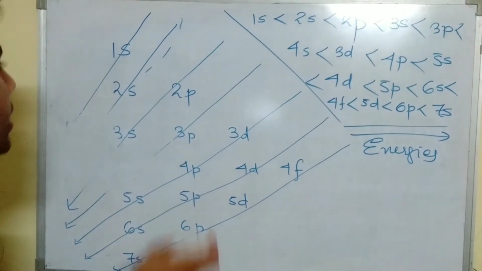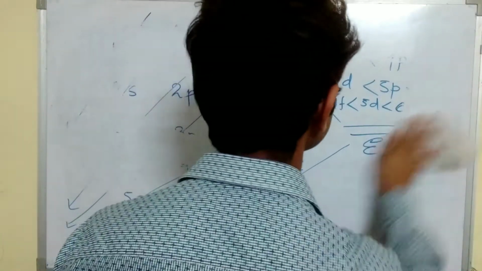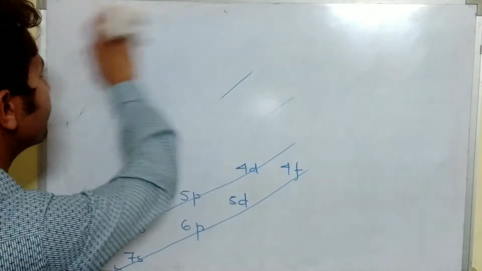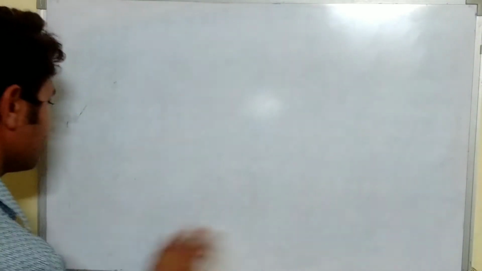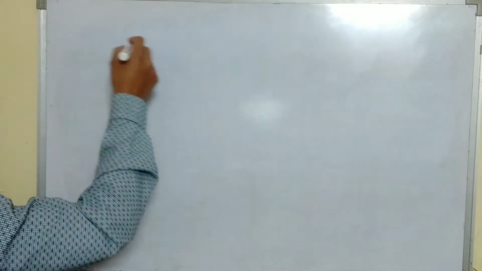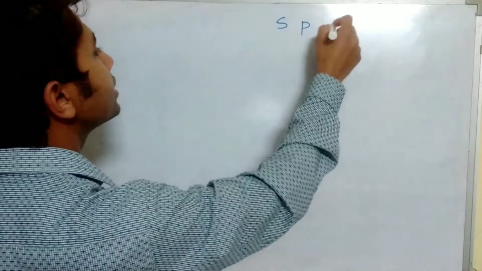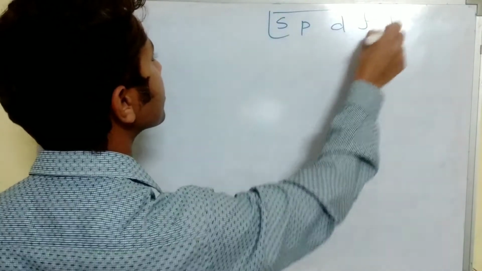Now another method we may see. We have s, p, d and f orbitals.